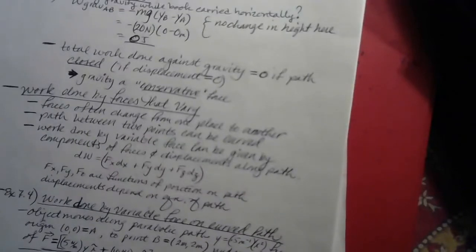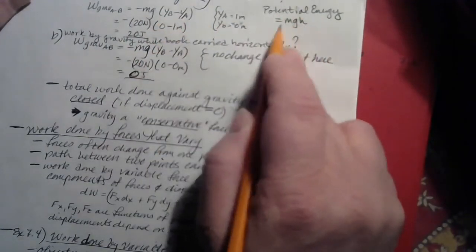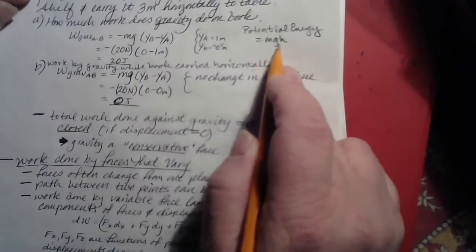Okay, so anyway, that's what I was getting at in this problem here. Notice that the work due to gravity is defined here as mg times the change in position in the vertical direction. That's just another way of saying mgh, or mg change in h anyway.